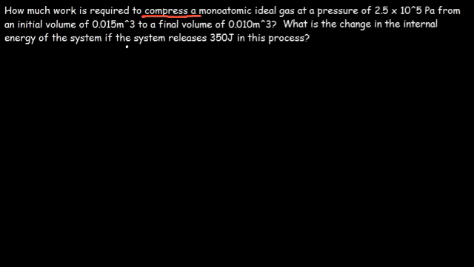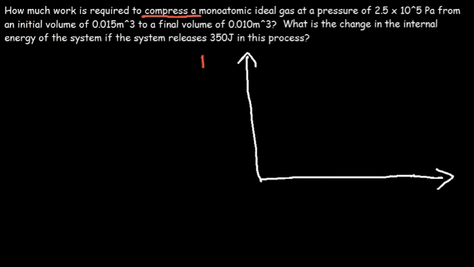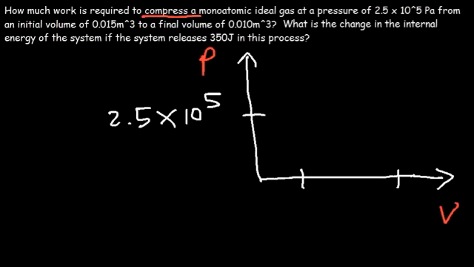Now let's draw a PV diagram for this isobaric process. This is a graph that contains pressure and volume. We're going to put pressure on the y-axis, volume on the x-axis. So the pressure is at 2.5 times 10 to the 5 pascals. And we have two volumes.